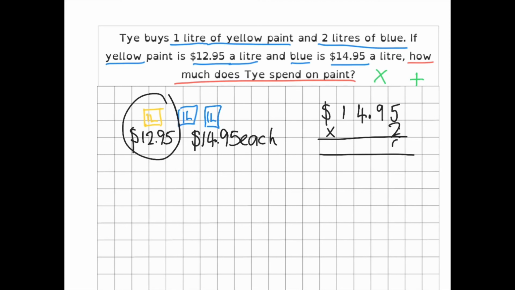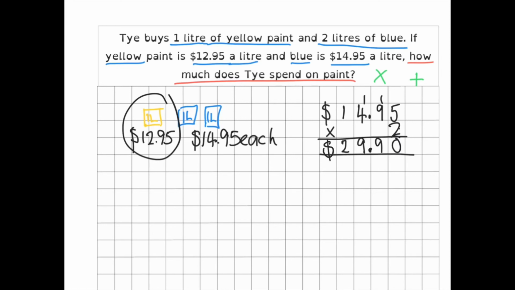So 2 times 5 is 10, 2 times 9 is 18, plus 1 is 19. 2 times 4 is 8, plus 1 is 9. 2 times 1 is 2. Then I check how many decimals I have in my question, so I know how many I have in my answer. And I only have 2, so 1, 2 decimals.